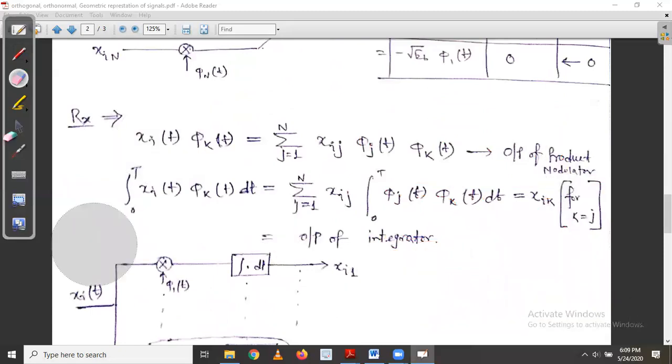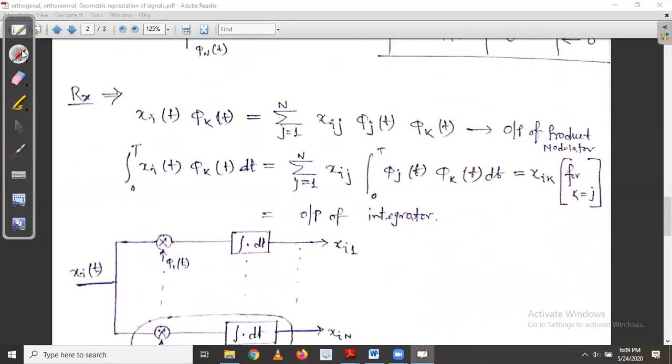Just I'm trying to recap the previous discussions. This is the transmitted signal, and this is the received signal. So received signal is multiplied by some locally generated carrier. Then the output of the product modulator is passing through some integrator.